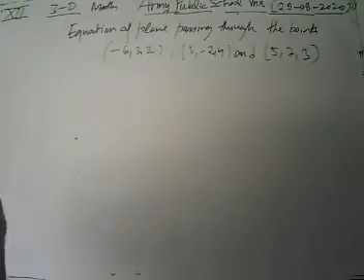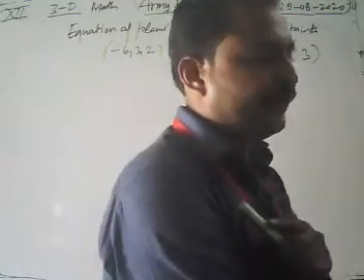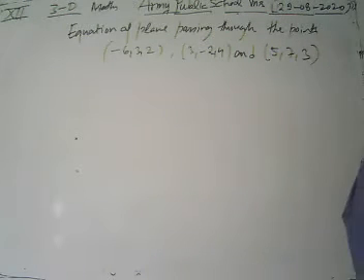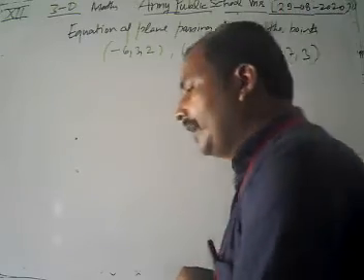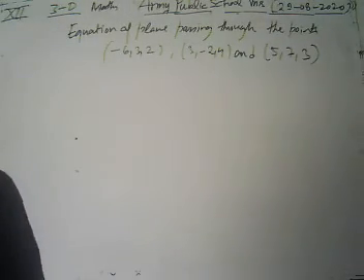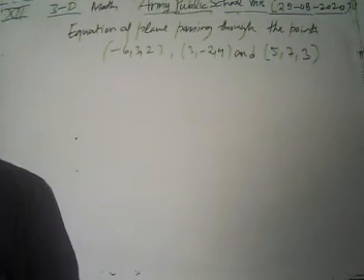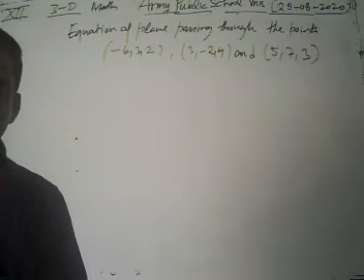We are going to find its Cartesian form because it's not mentioned which form is required, vector or Cartesian. It's just asking to find the equation of the plane. Given 3 points, there is also a second method to find the equation of the plane.